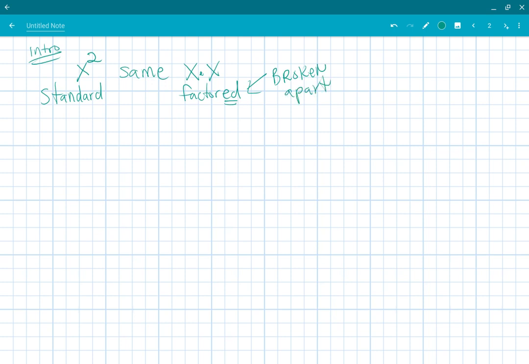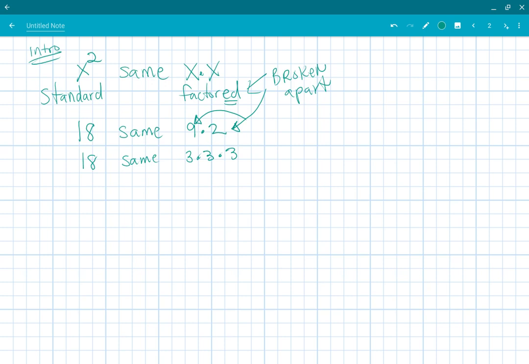For example, 18 is the same as 9 times 2. See, it's broken apart. 18 is also the same as 3 times 3 times 2 because we broke apart the 9, right?